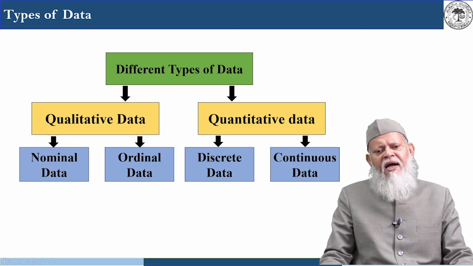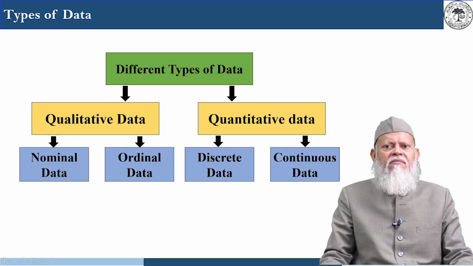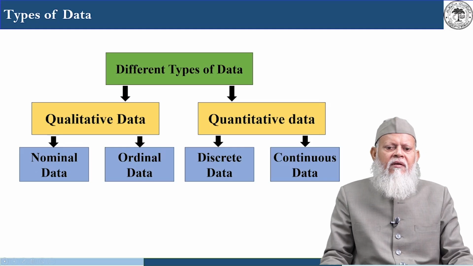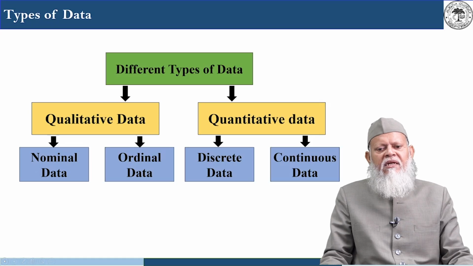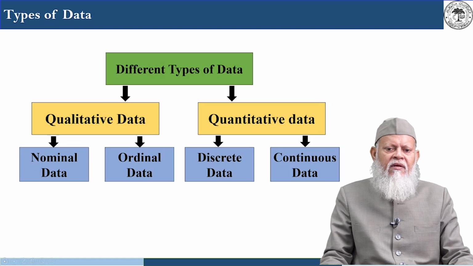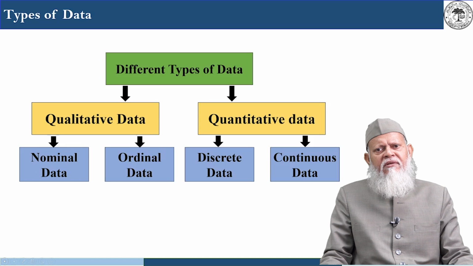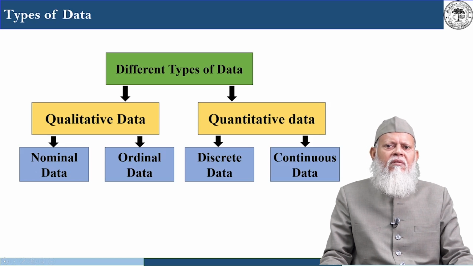Now, the quantitative data is one which gives us the value in quantitative terms. It is subdivided into discrete data and continuous data. What is discrete? Which can be given in full digits, integers, like the number of trees.